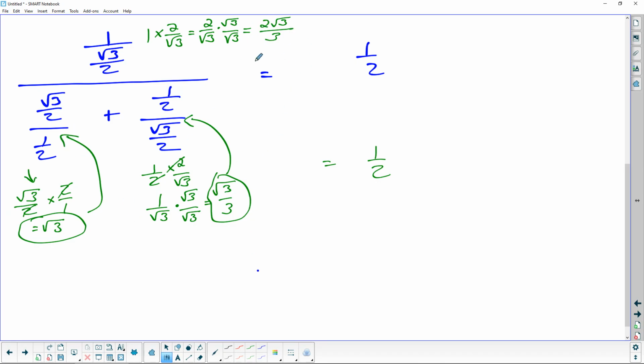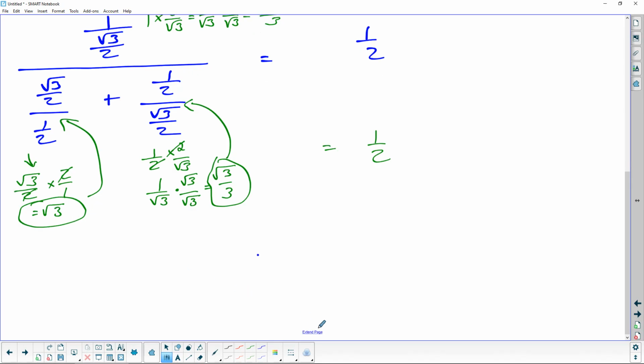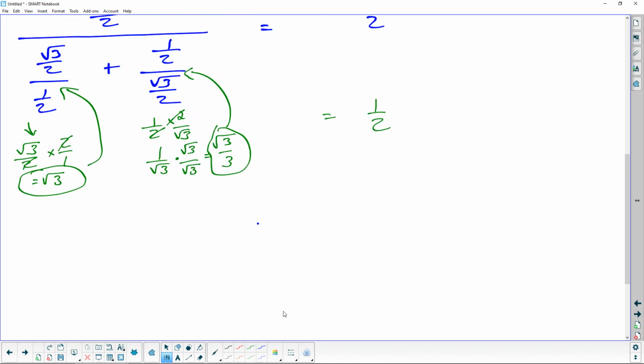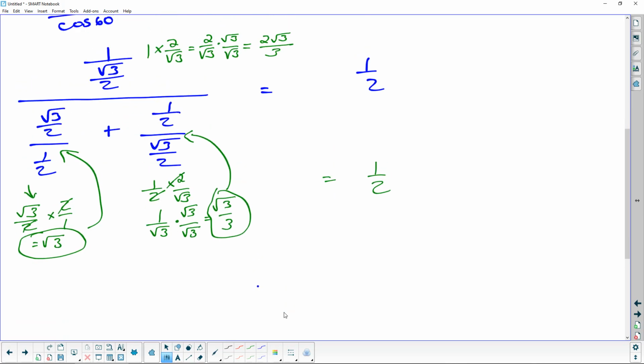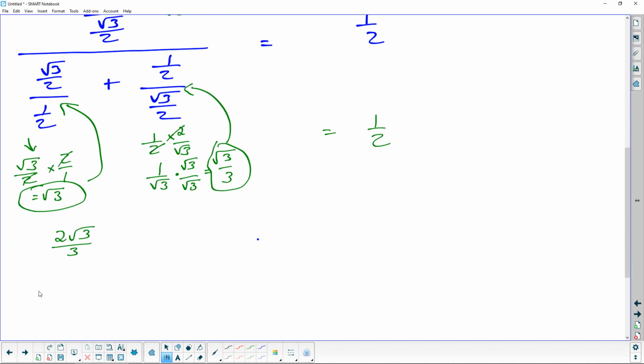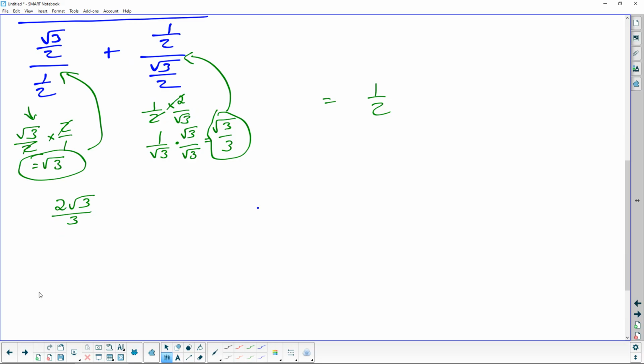So now I'm going to rewrite this one over these two added together. We already know what the top is, so we'll write the top down first. So we've got 2 root 3 over 3. Then we'll slide this up a little bit, and now we're going to write the two bottoms here: root 3 plus 3 root 3 over 3.